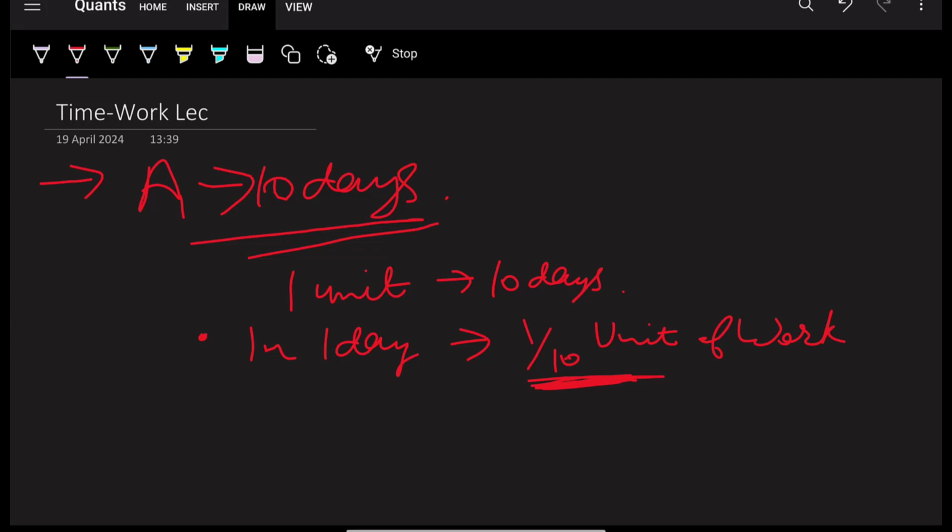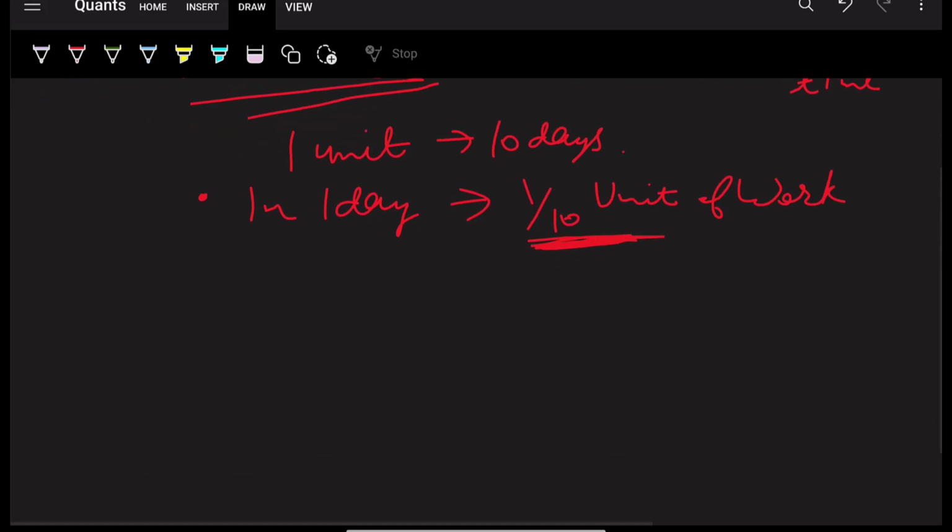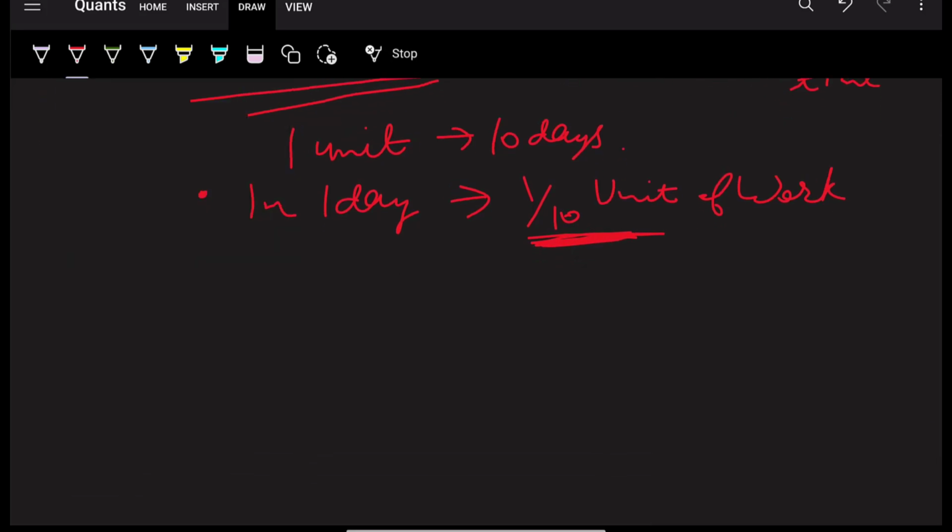Why is this the rate of doing work? Because rate is per unit time. So the rate of doing work here will be 1 by 10 unit. And there is another technical term for this, which is efficiency. So this is nothing but efficiency, which is the rate of doing work.